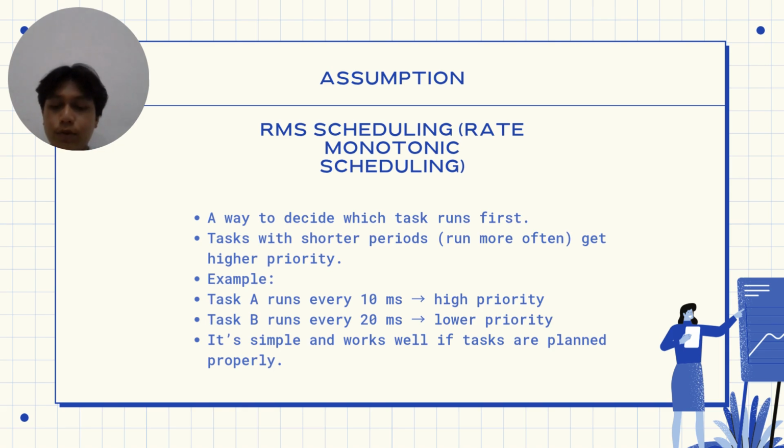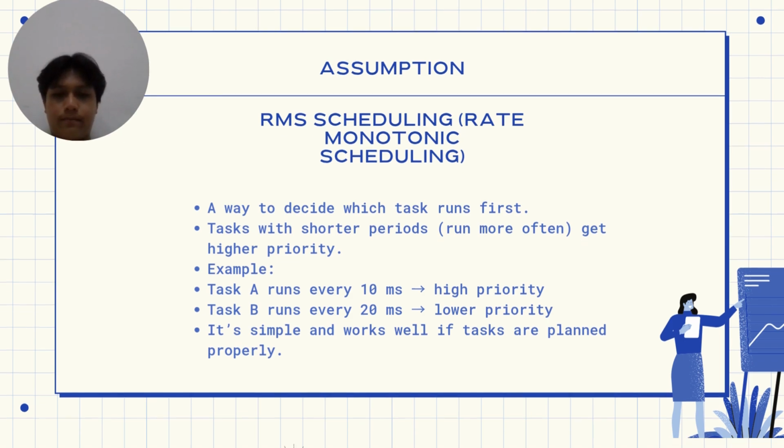For example, task A runs every 10 milliseconds and task B runs every 20 milliseconds. So we take task A as the higher priority and task B as the lower priority. It is simple and works well if the tasks are planned properly.